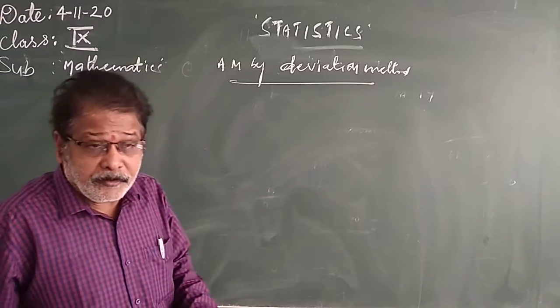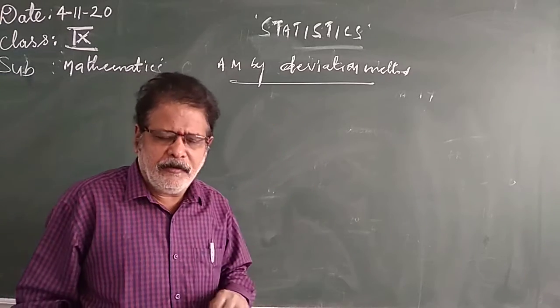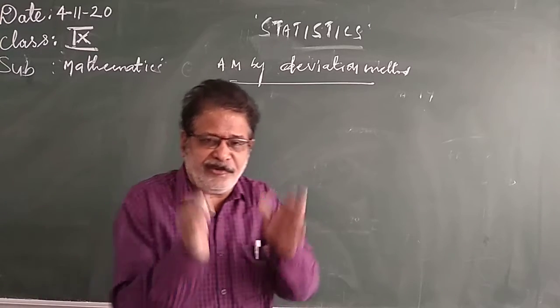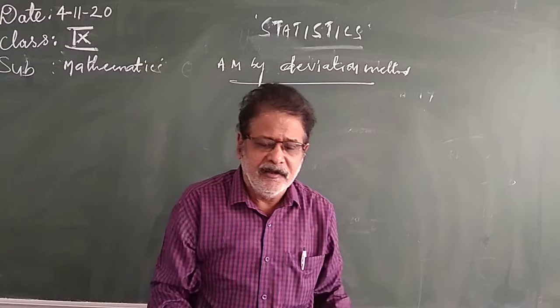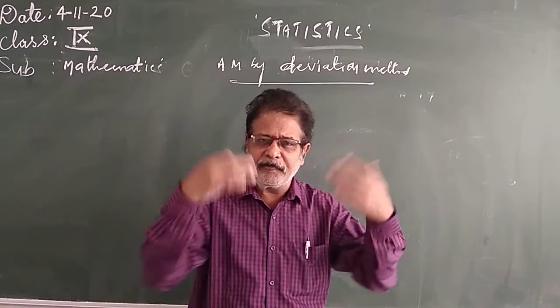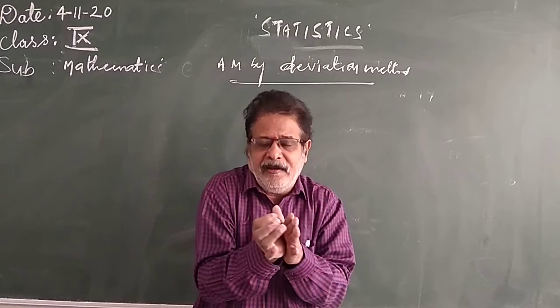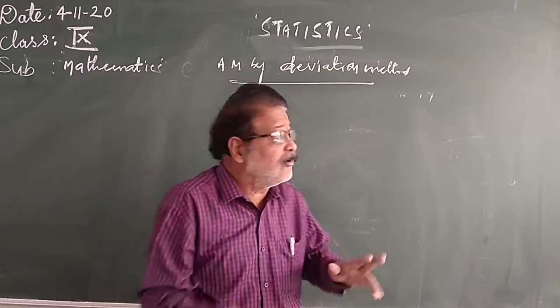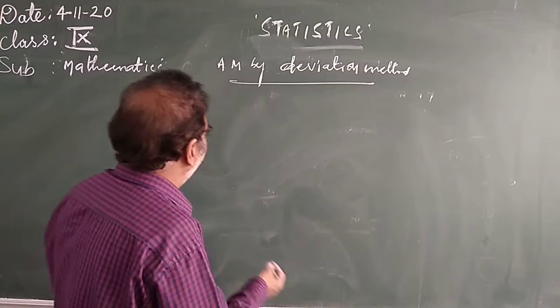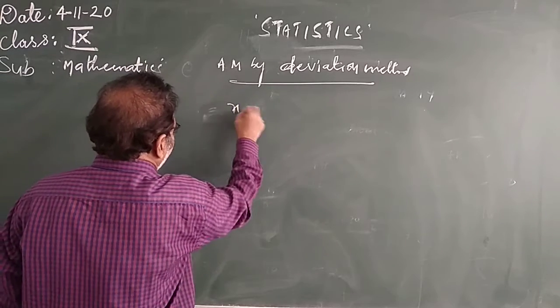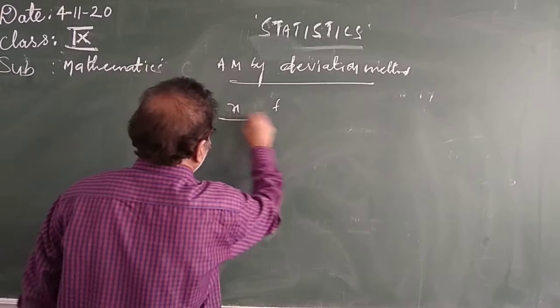But here, when you do it by the deviation method, in the given observations you assume a mean. Assume mean means you select any one of the observations as the mean. From that, you can find out the deviations. For example, observation x and f are given.